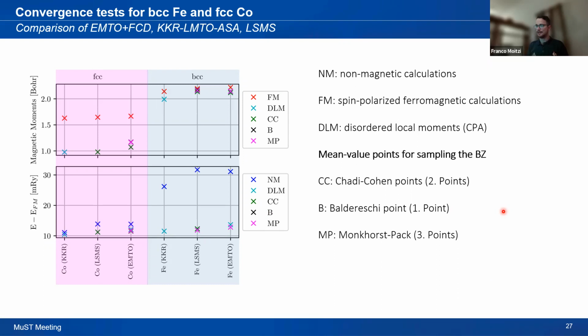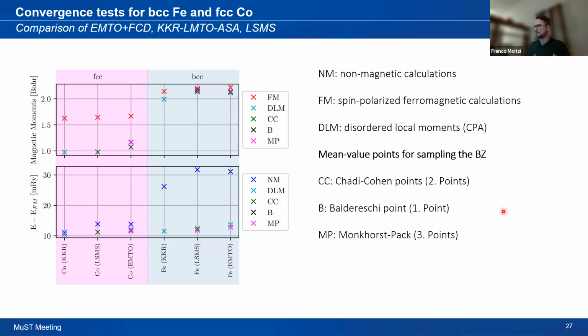Of course, in the reciprocal space methods in EMTO, one can do DLM, but one can also really set up these non-lattice-periodic spin spirals. In LSMS, one cannot really do that, because the only way one could set that up is by real space spin waves that are then periodic.